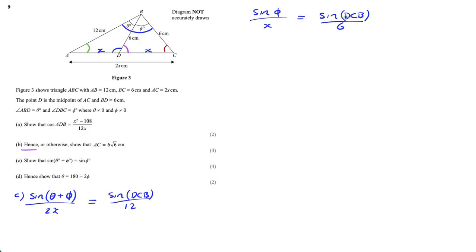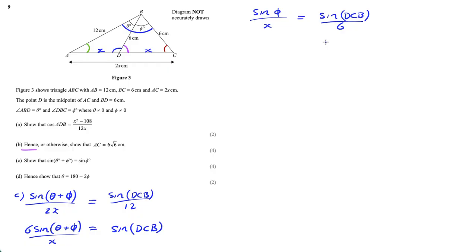Okay, now I want to somehow equate these. So what I'll do is get sine DCB on its own. I'll get sine DCB for both of these and then just equate them. So sine DCB is 12 times this, or if I can cancel the 2's, guys, it's just 6 sine (theta plus phi) over x.